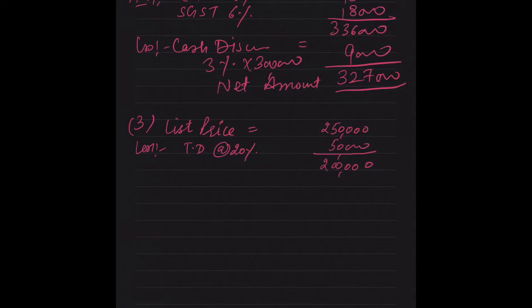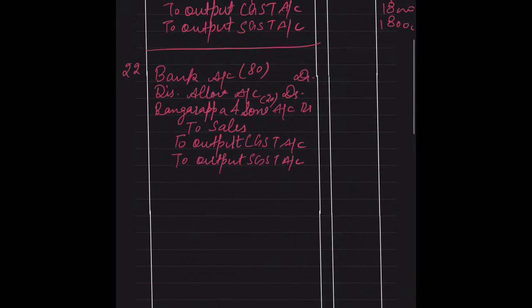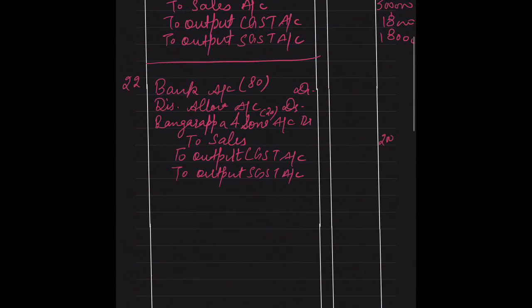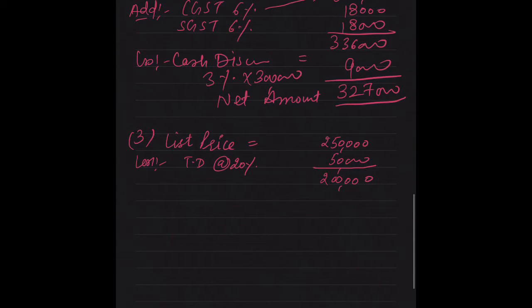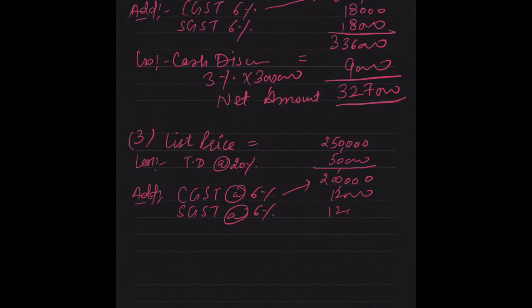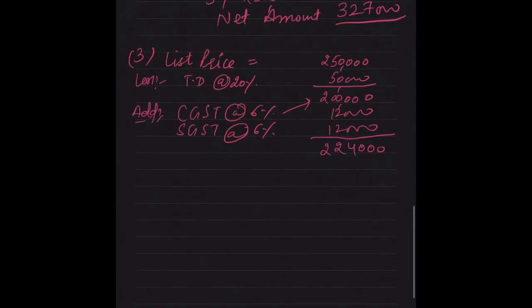We treat 2 lakh as sales. Put 2 lakh in sales. After that, add CGST and SGST at 6% each on 2 lakh: the amount will be 12,000 and 12,000, and the total is 2,24,000.